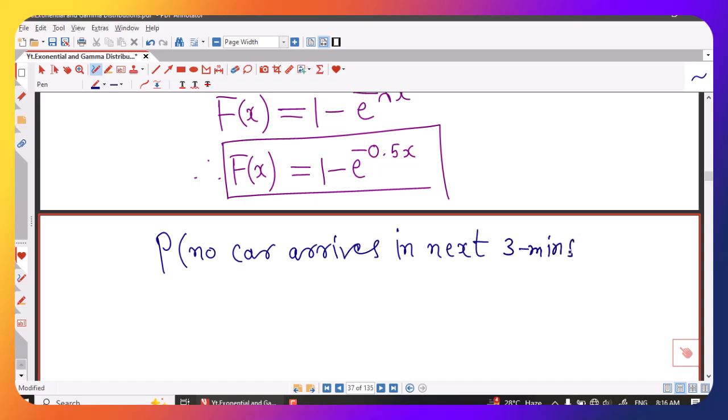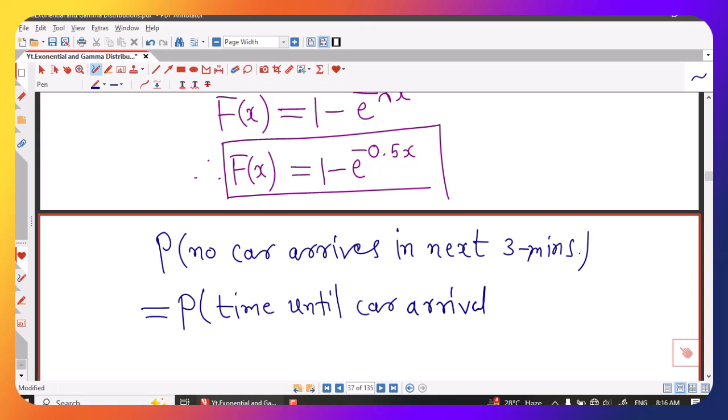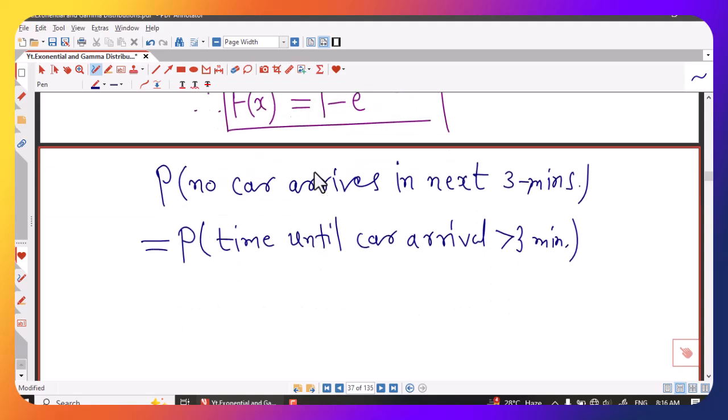This we are asked to calculate, and as I have discussed, if the time until the car arrival is greater than 3 minutes, then no car will arrive in the 3 minute interval.